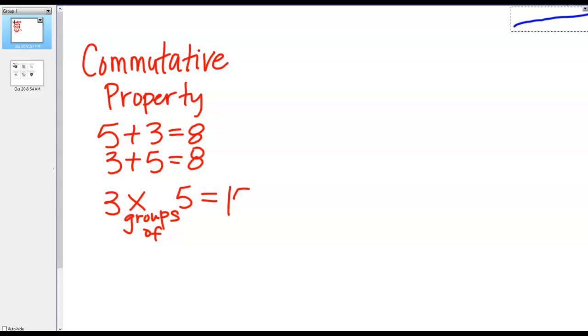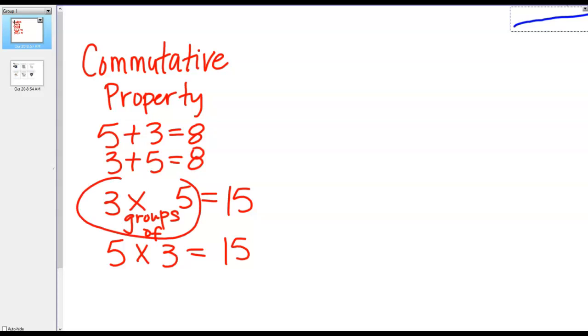So I know that equals 15. Now if I flip the 5 and the 3 around, your answer does not change. You still have 15, but your groups may look different because now instead of 3 groups of 5, I'm going to have 5 groups of 3. Okay? So your groups might look different, but your answer will still be the same.